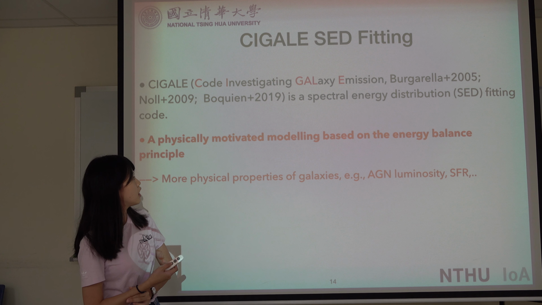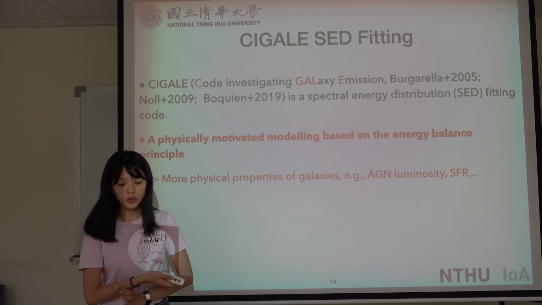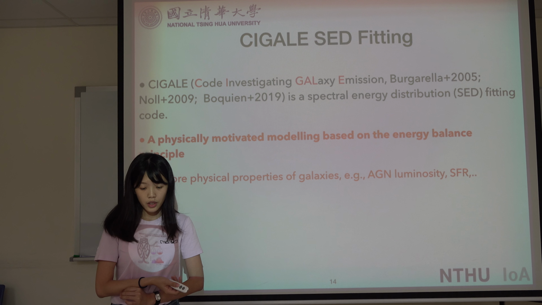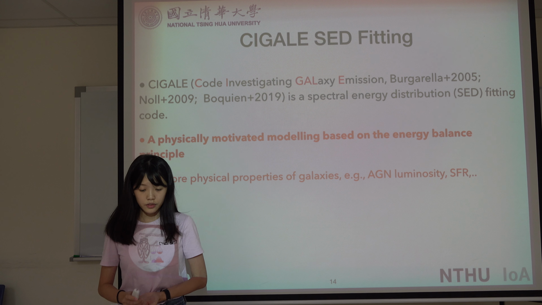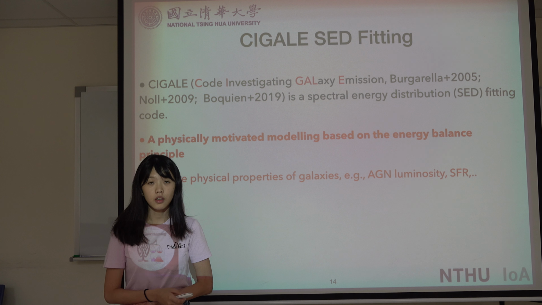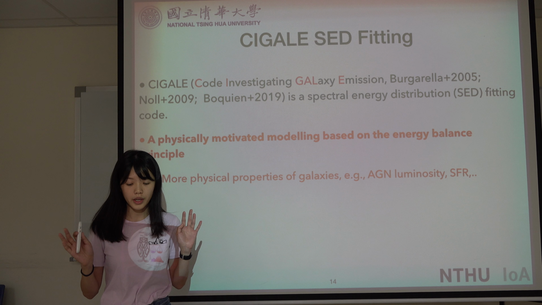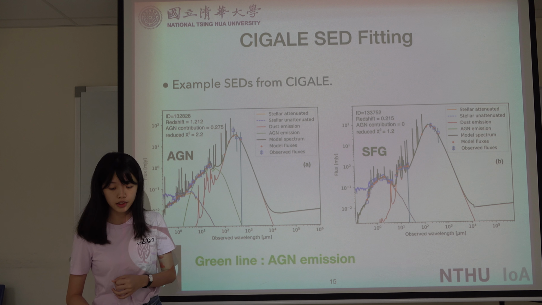CIGALE is an SED fitting code, and this is physically motivated modeling based on the energy balance principle. Therefore, with this technique, we are able to derive more physical properties of a galaxy, such as AGN luminosity, star formation rate, and so on. So let me show you the example.